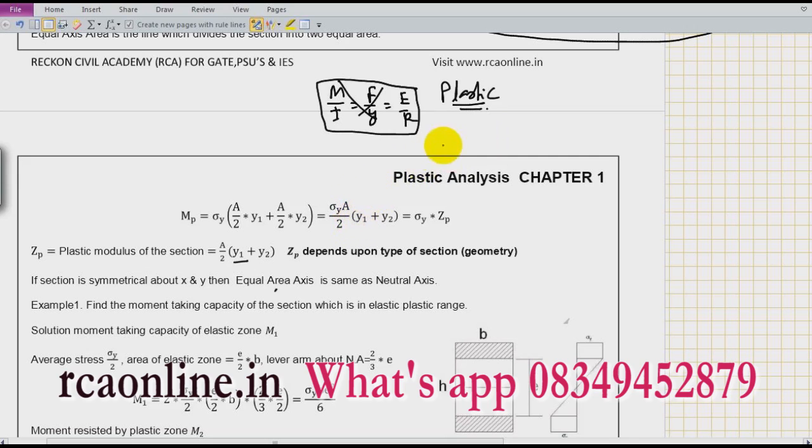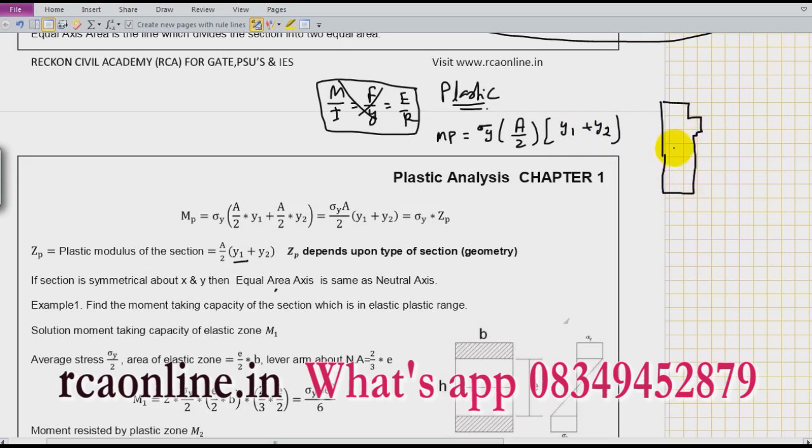I am not going into the derivation since we are preparing for objective questions. So the new formula for plastic is MP equals sigma y into A by 2 into y1 plus y2. Is it okay? Now we have to understand what y1 and y2 are.